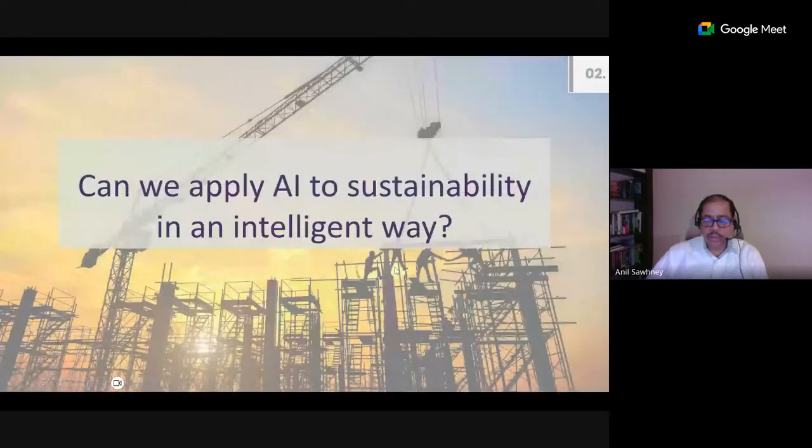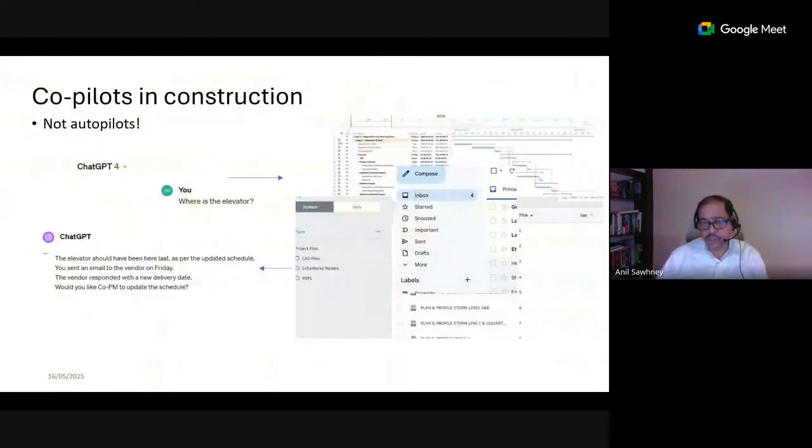All right. So the question really is, can we apply AI to sustainability in an intelligent way and benefit from it? I think yes. It's already being used in construction. You have now most AI-enabled tools in construction. I would want to say US, but I think India is progressing equally fast. So the way things are happening right now is that a project manager on a construction site would come and give a prompt and say, hey, where is the elevator on my project essentially?